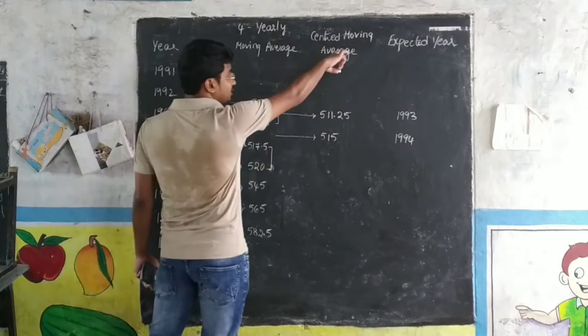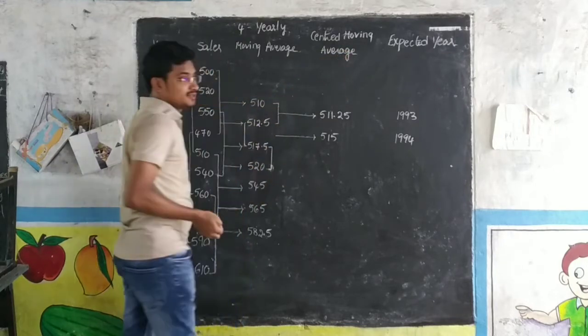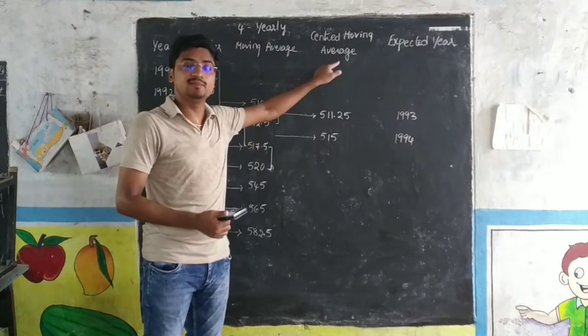The centered moving average is the average of 2 values. This is the fixed column in even yearly moving average.